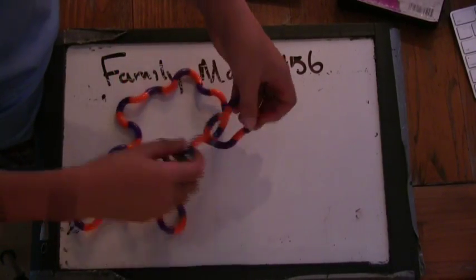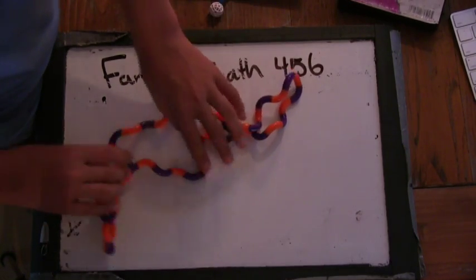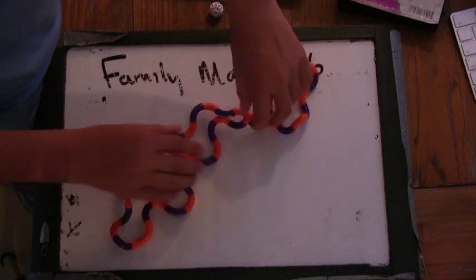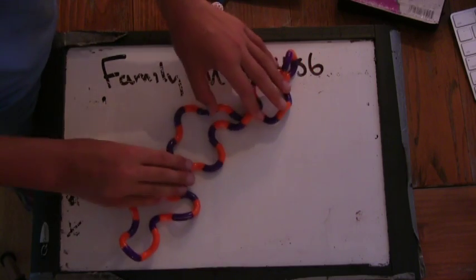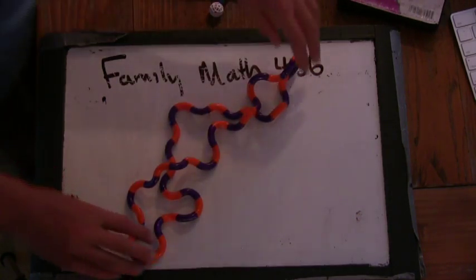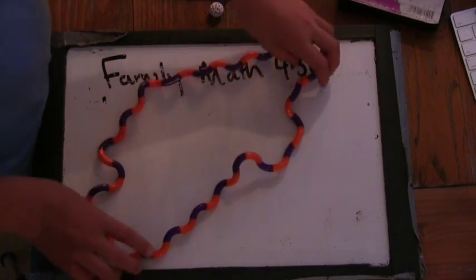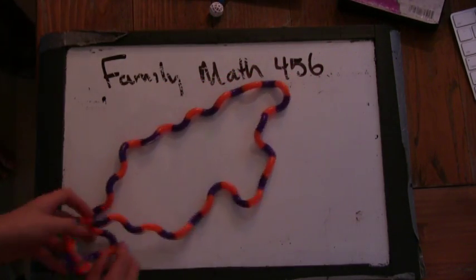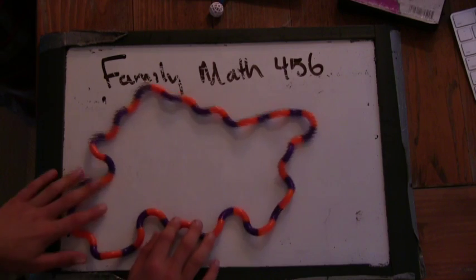Now I want you to explore knots with 2 crossings. Make something that has 2 crossings. 1, 2. So this definitely, from the way I did it, can be made back into the trivial knot. Why don't you make a knot with 2 crossings that's different than the one your brother just made?